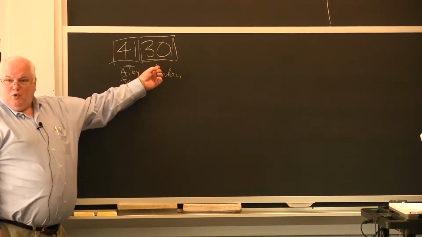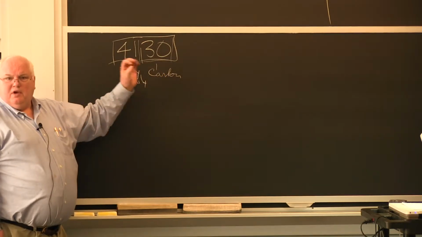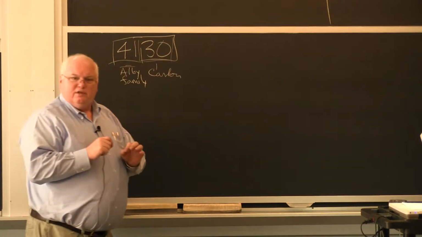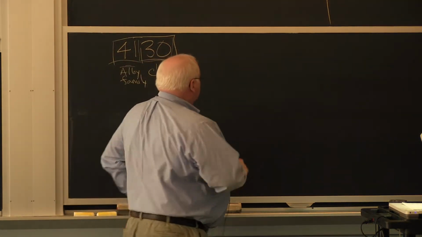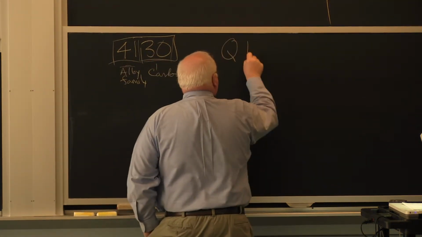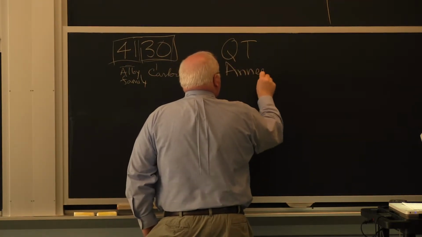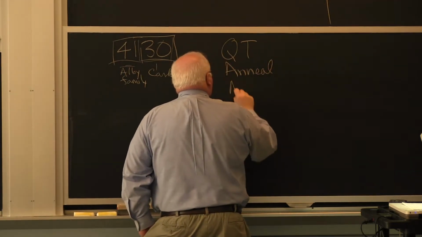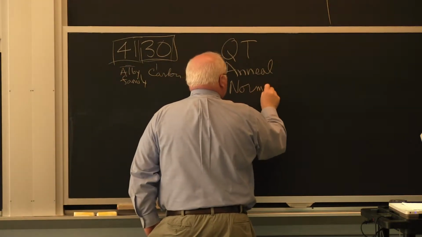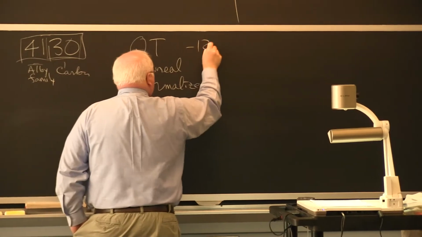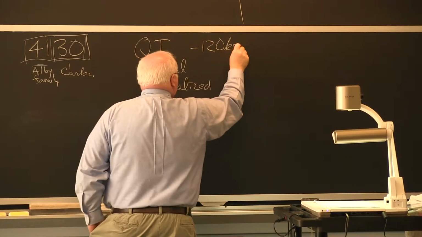You can have a 4140. You can have a 4135. 4130 is sort of garden variety, high strength steel tubing. Comes in three forms. If you look at the spec, quenched and tempered, annealed, and normalized. Quenched and tempered, it might have a strength of 120 KSI yield.